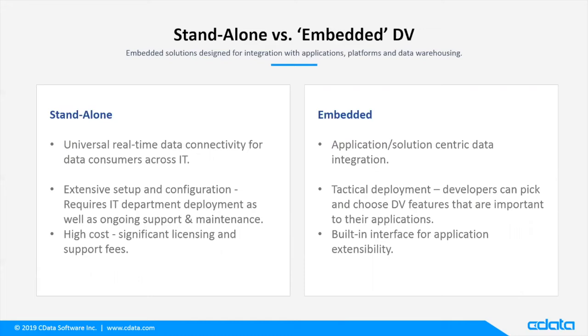At the same token, from an embedded standpoint, the embedded capabilities are more tactical. They can be deployed within individual solutions, and distributed throughout your organization. So instead of having one point of access to all of your underlying data, each application can control how it works with the data sources that it connects to.